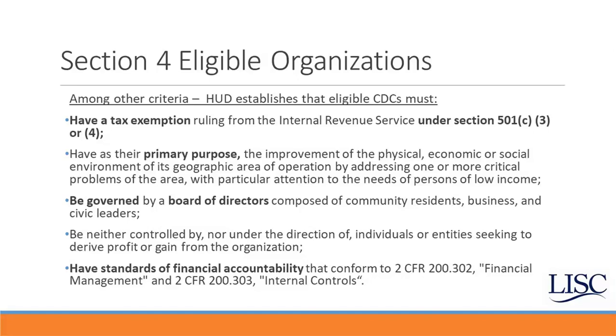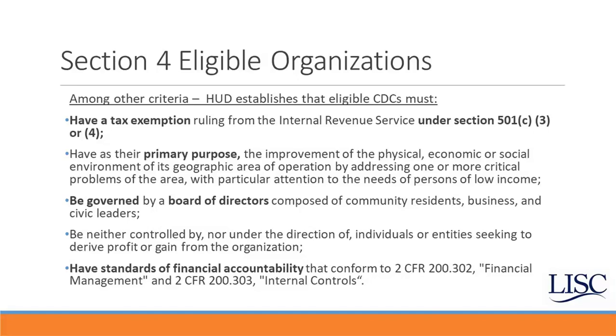Additionally, the CDC must be governed by a board of directors, and that board must have local representation. That can be civic leaders, community residents, business owners, any kind of local stakeholder, but HUD wants the CDC to have the voice of the community sitting on the board.